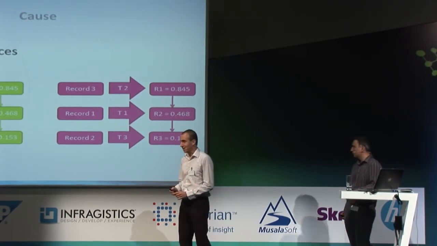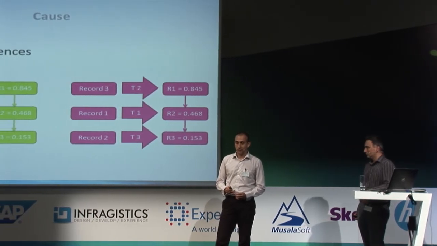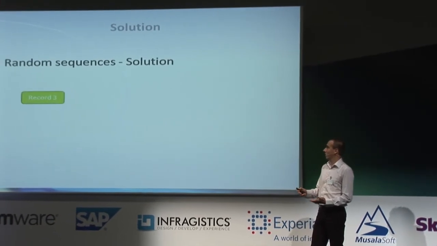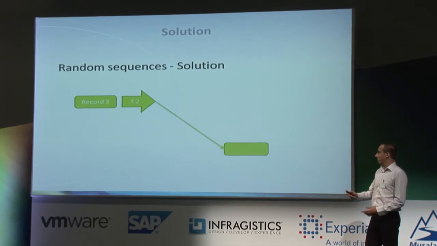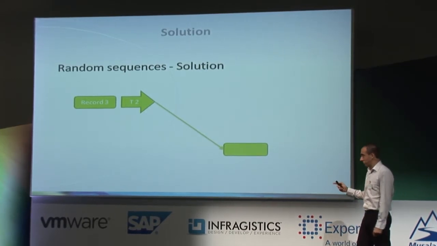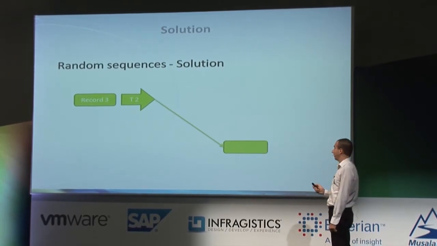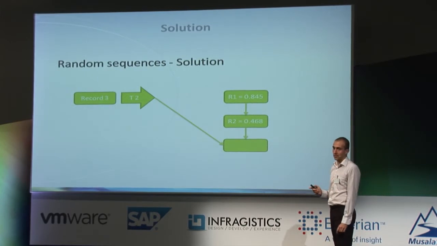But unfortunately, there are no such algorithms that provide that. So when we have record 3 coming, handled by thread 2, we should calculate its corresponding third element of the sequence, but we have to calculate the first two before it.